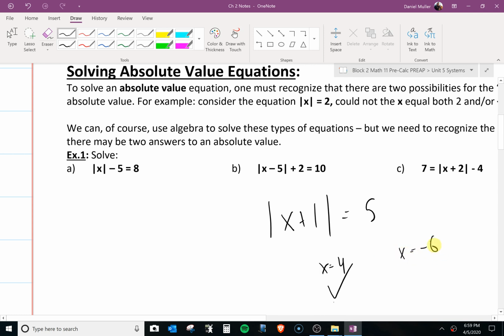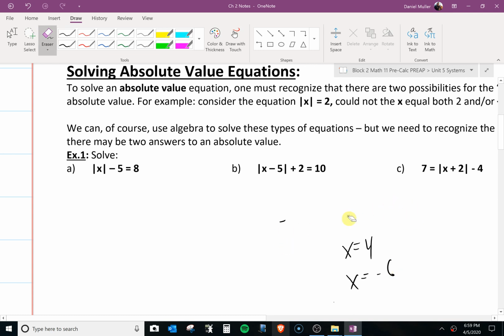Let's say I made -6 in here. -6 plus 1 is going to be -5, and that actually will be 5, which is what we want. So x could be 4, and x could be -6. So we're going to solve, and there's usually 2 answers, but there could be more.